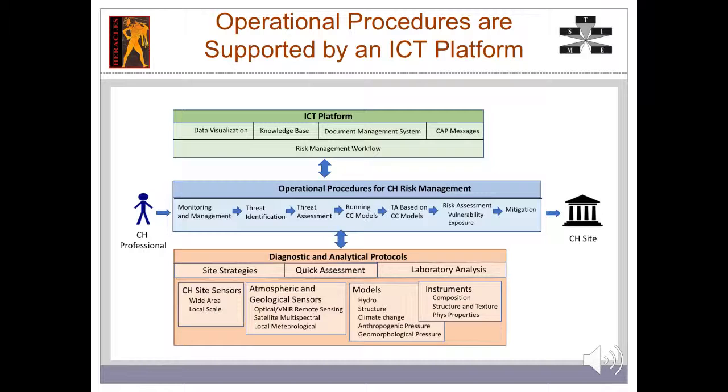That whole process is identified in Heracles as risk management. So when we say risk management workflow, we're talking about basically the whole enterprise that involves all of these types of cultural heritage professionals that we've talked about.